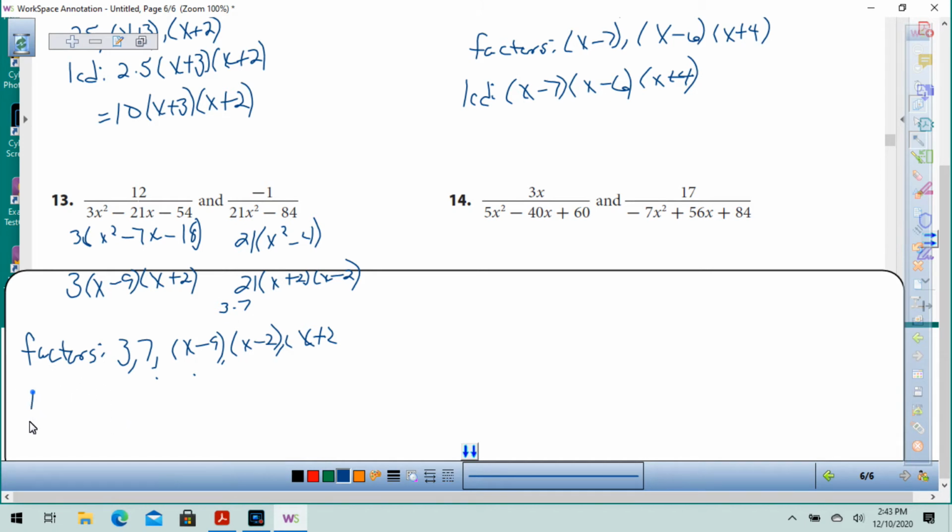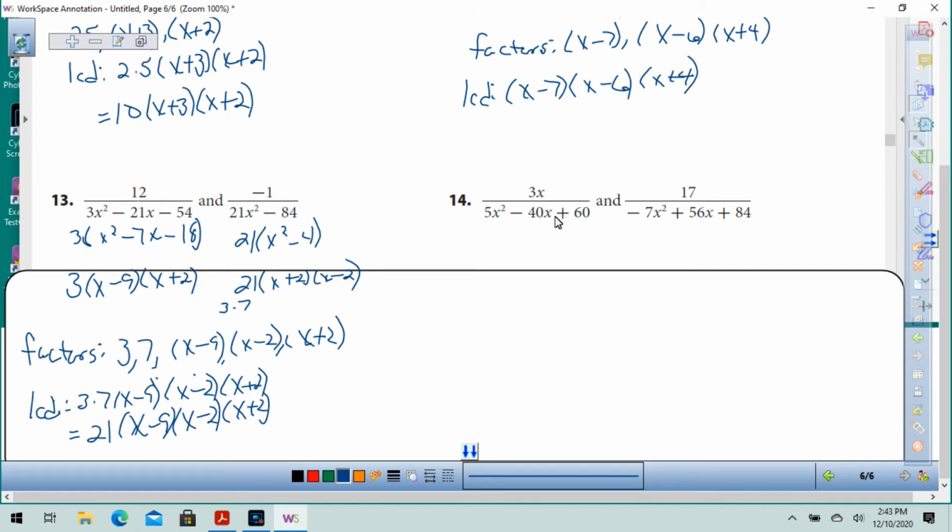So our least common denominator is going to be, well, 3 times 7 times x minus 9 times x minus 2 times x plus 2. And that's going to give us 21 times x minus 9, x minus 2, and x plus 2.